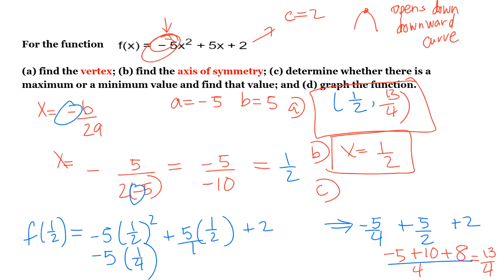So that maximum point or number or value is what my y is in the vertex. So that is 13/4. And now I can graph the function because I have all the pieces that I need to graph.